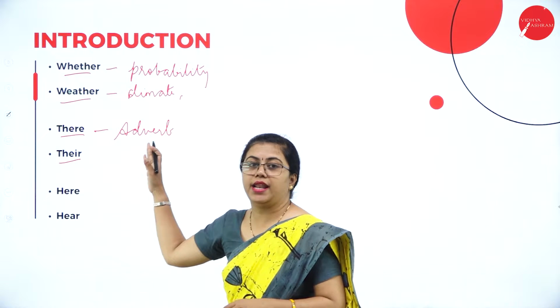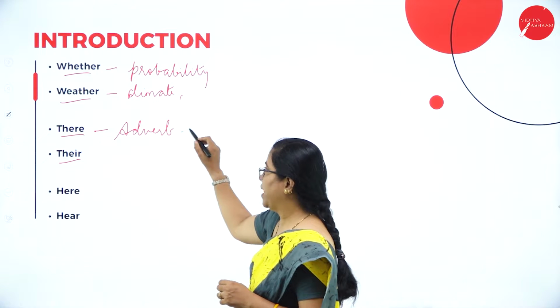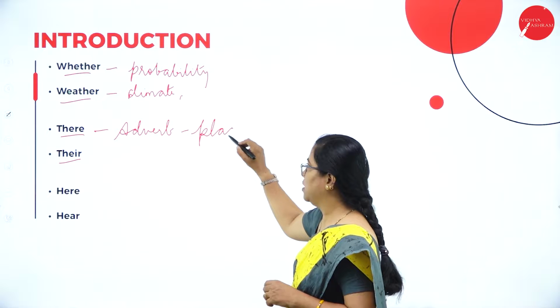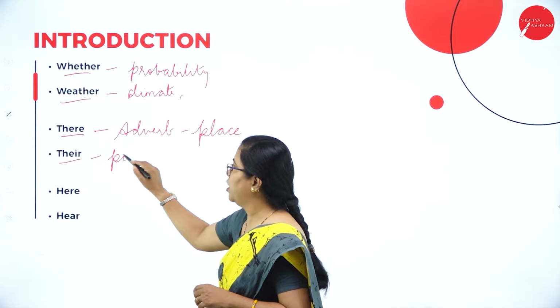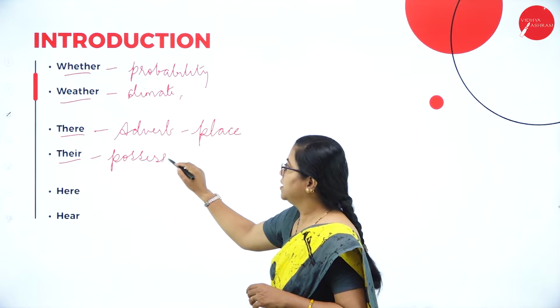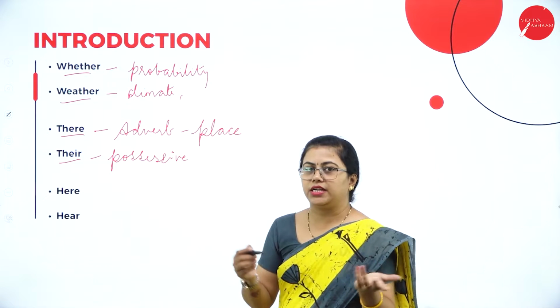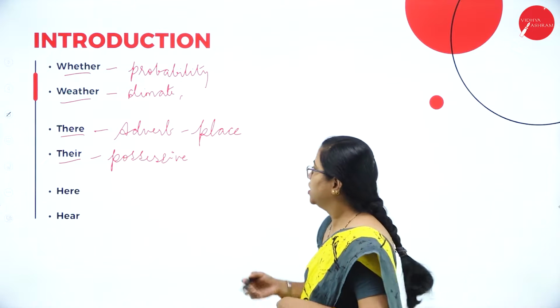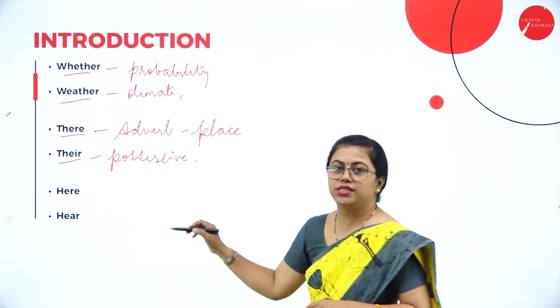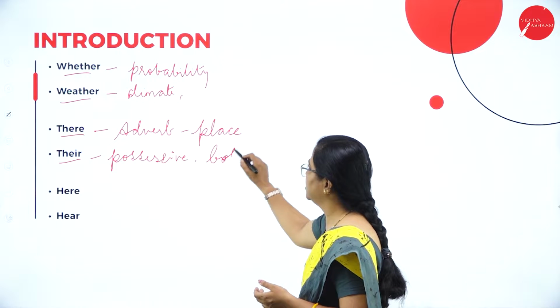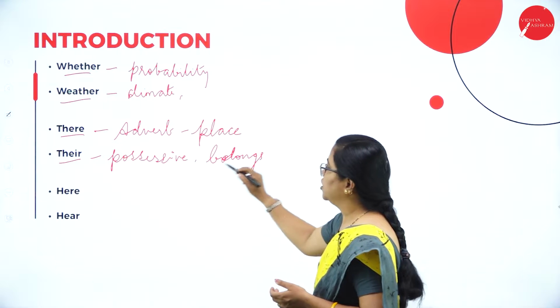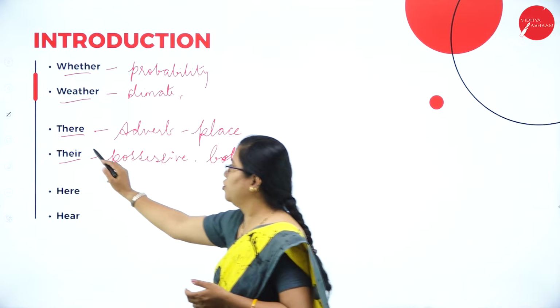Whereas this their, this is a possessive pronoun, or possessive adjective also, it can be used. So here this shows some sort of possessiveness, means some sort of belongingness, something that belongs to somebody. So this sense of belongingness is shown over here.